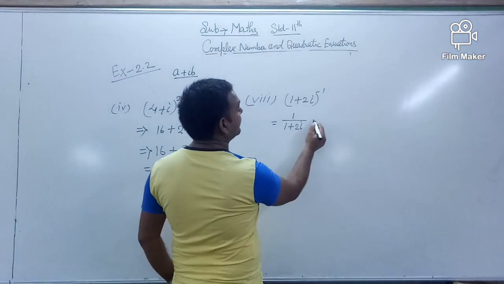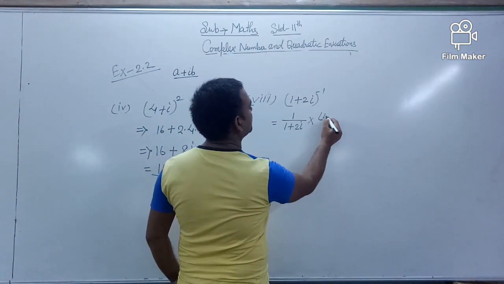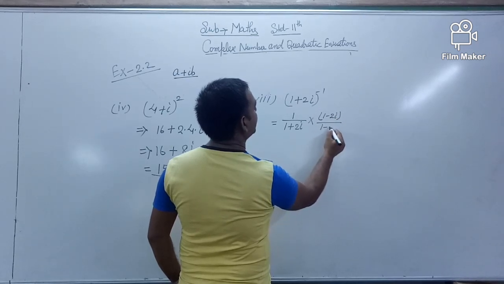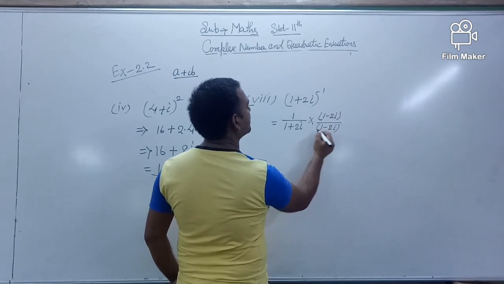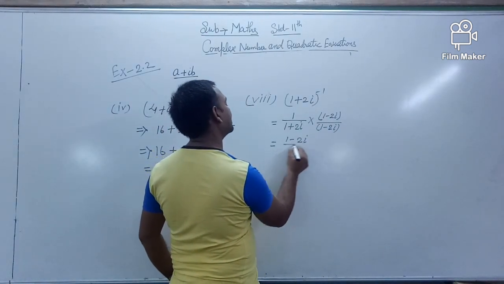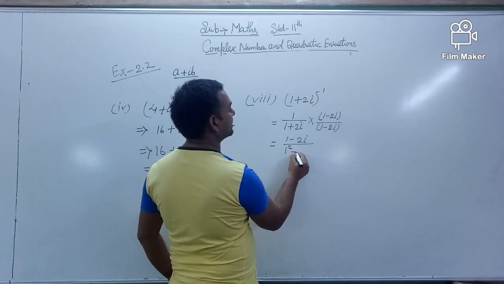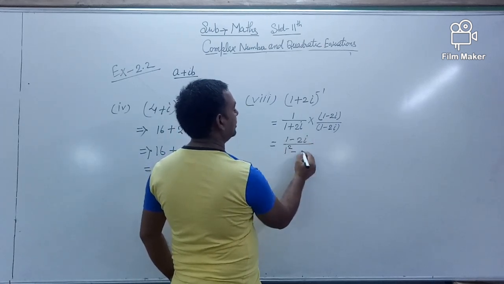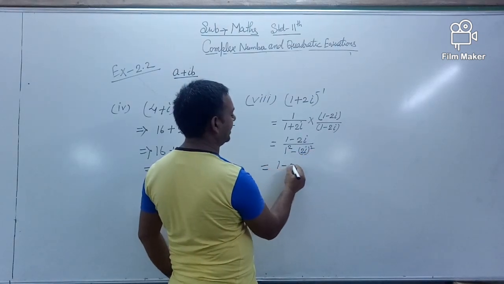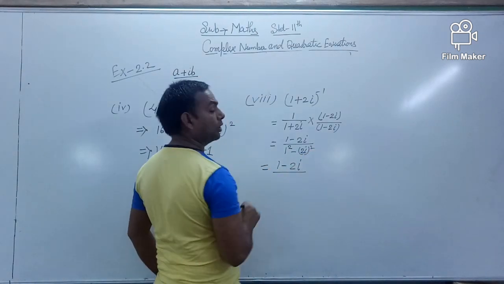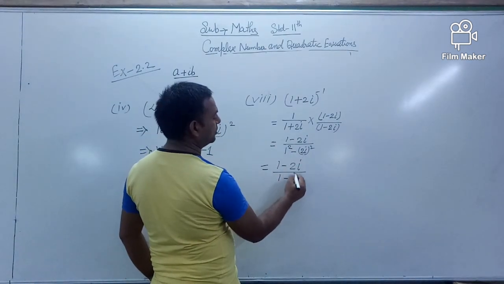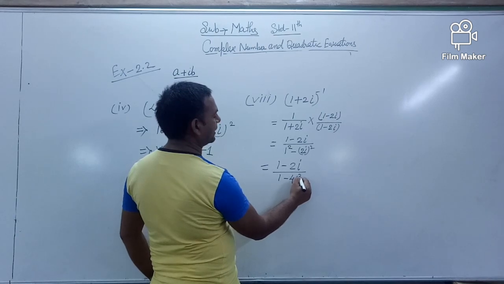So here I take the conjugate of that number. It means (1 - 2i) upon (1 - 2i). This is the conjugate. So (1 + 2i)(1 - 2i) is equal to a square minus b square, 1 square minus (2i) square. That is equal to (1 - 2i) upon 1 square, that is 1, minus 4i square.